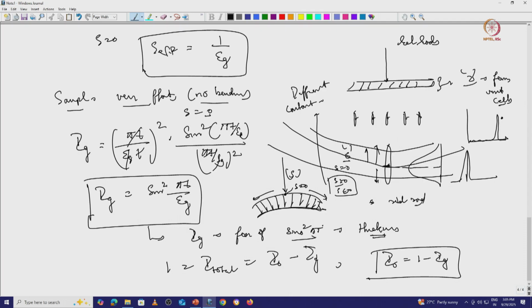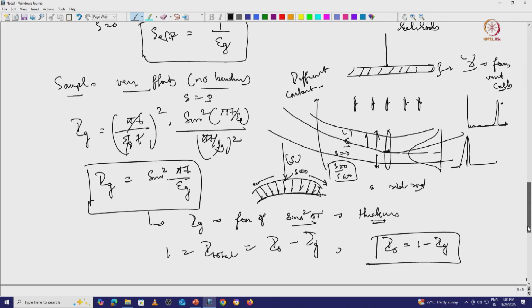Okay. So you can see that by this equation, if your thickness is near to psi g, then what will happen? Your intensity becomes 0. Understand?